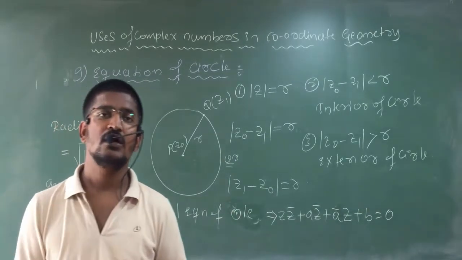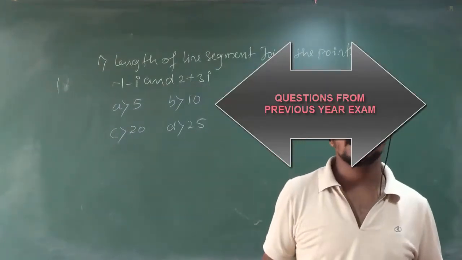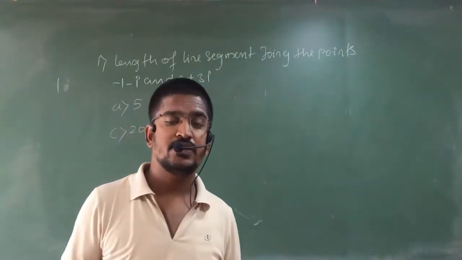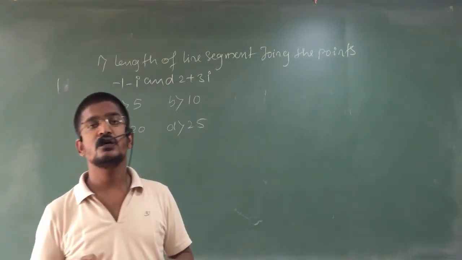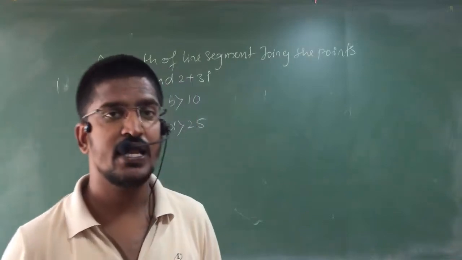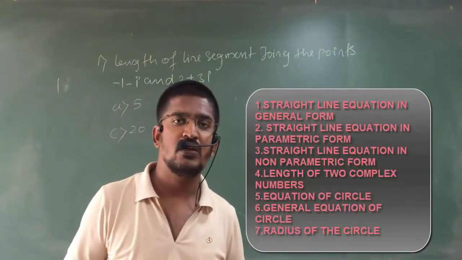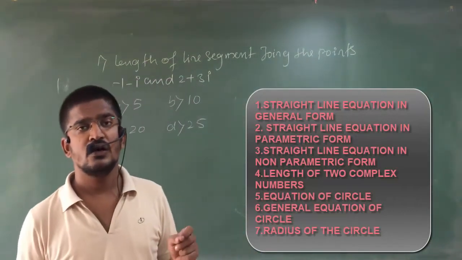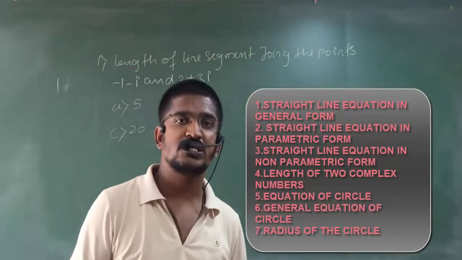Clear, students? Okay, students. So now let us try to solve the problems on the topics which we have discussed, that is the geometry of your complex plane. We have discussed the straight line equation in general form, in parametric form, and in non-parametric form, and the length between two complex numbers, that means the distance between two complex numbers.